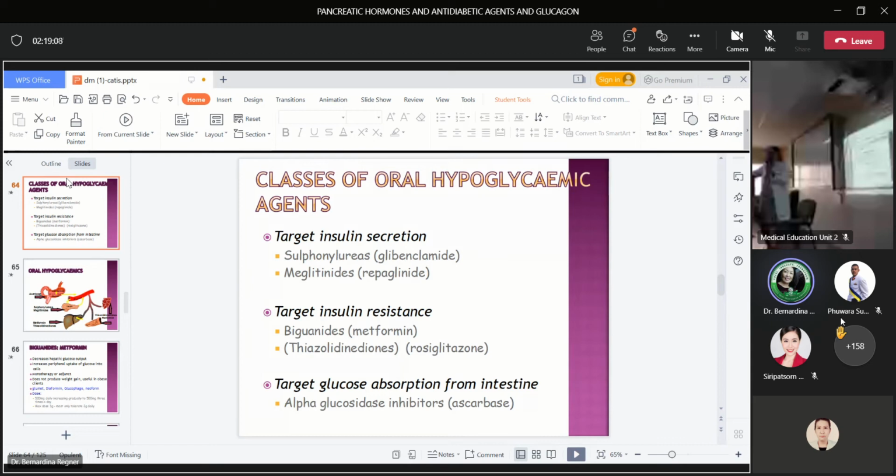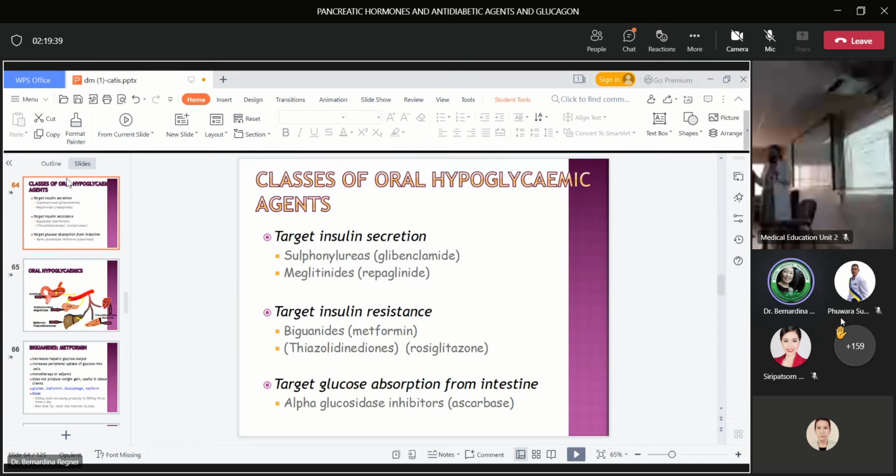To target insulin resistance, these are your sensitizers. You have biguanides. What I want is for you not to confuse secretagogues and sensitizers. So to target insulin resistance, you have biguanides, exemplified by metformin, and thiazolidinediones, exemplified by rosiglitazone.